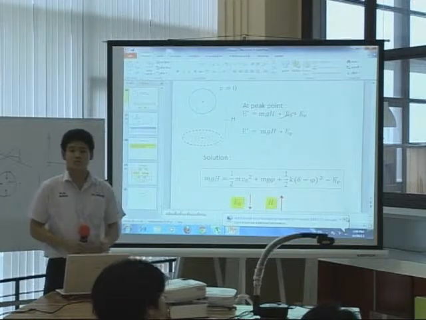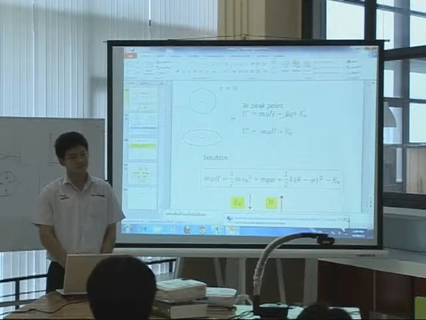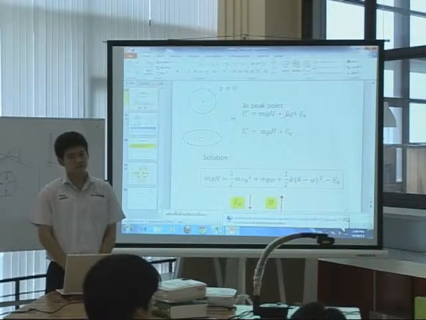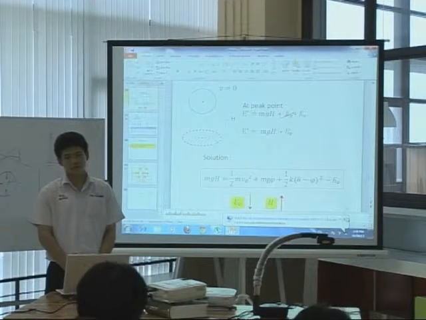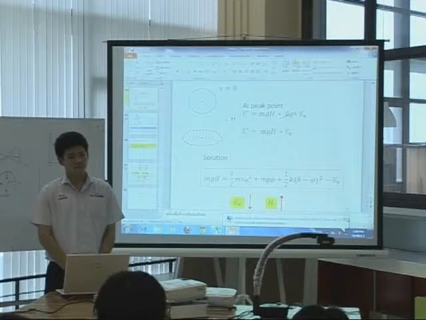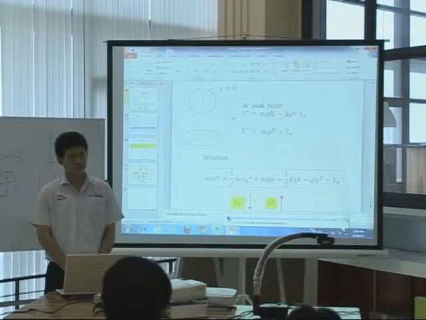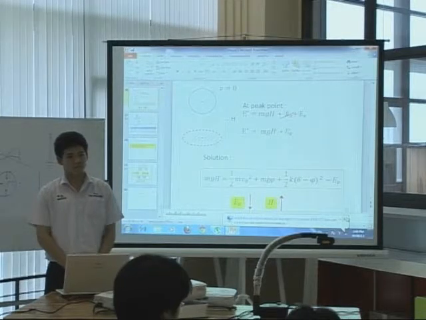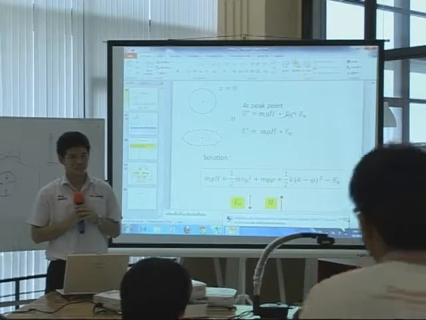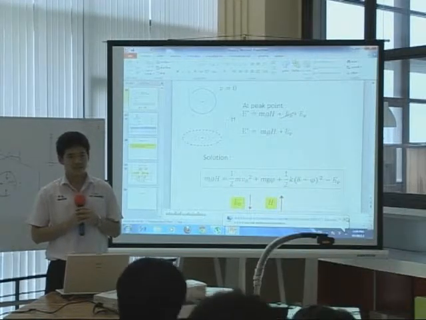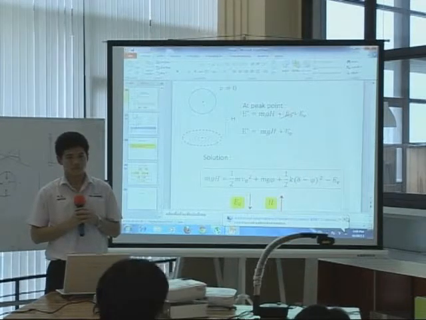Okay, opponent first. Do you see anything wrong with this equation? Wait a minute. By the way, maybe I give more of a hint. V0 just means the velocity when it takes off, right?